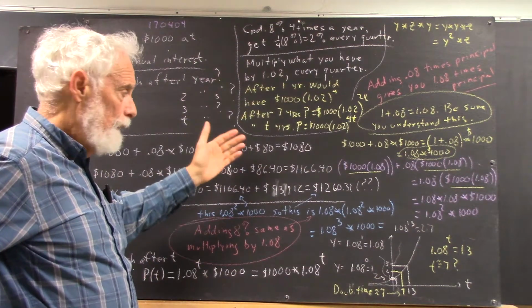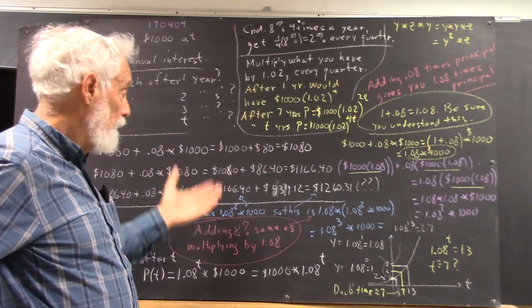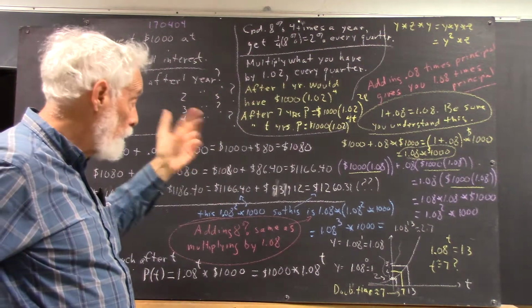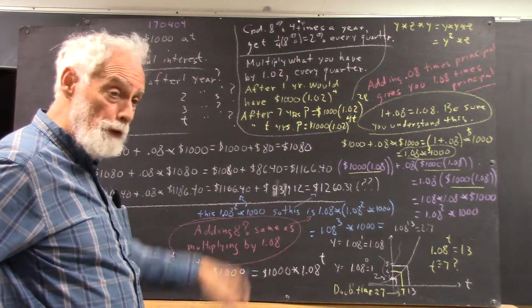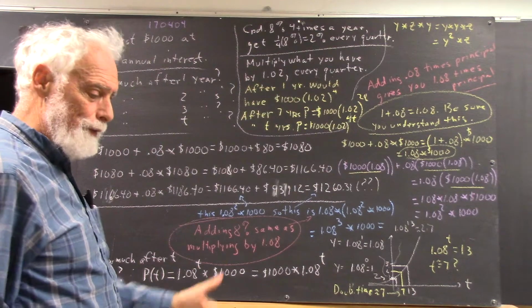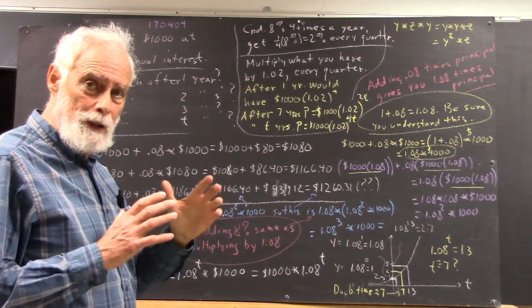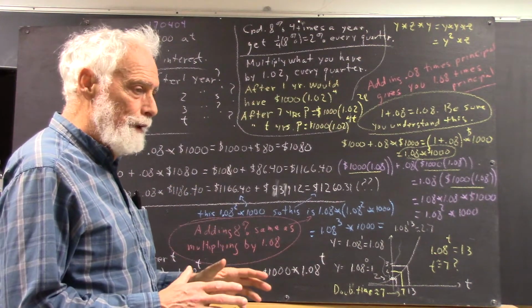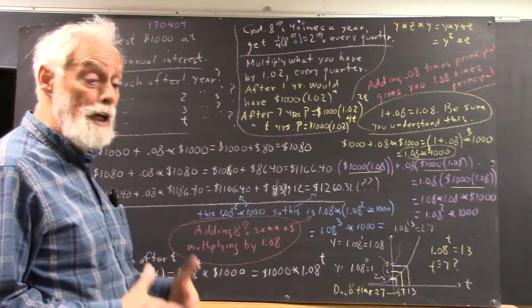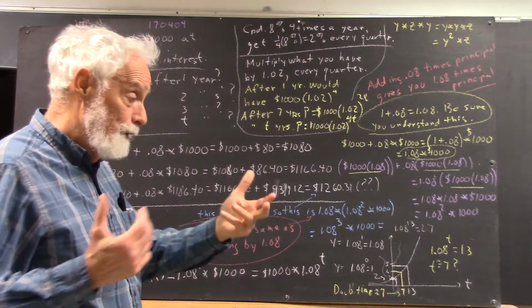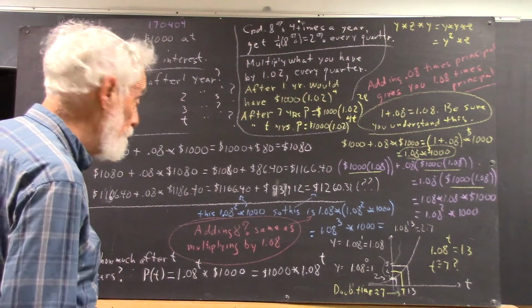And then they got another $80 and got $1,240, $1,160, $1,240. And that's an immediate sign that somebody isn't understanding what it means to invest money and how its interest is calculated, because this is the way interest is calculated.